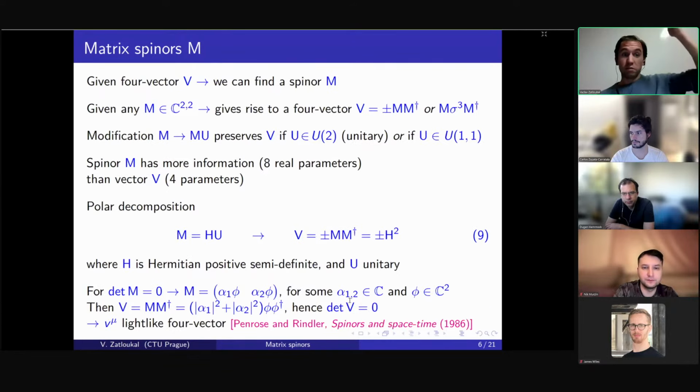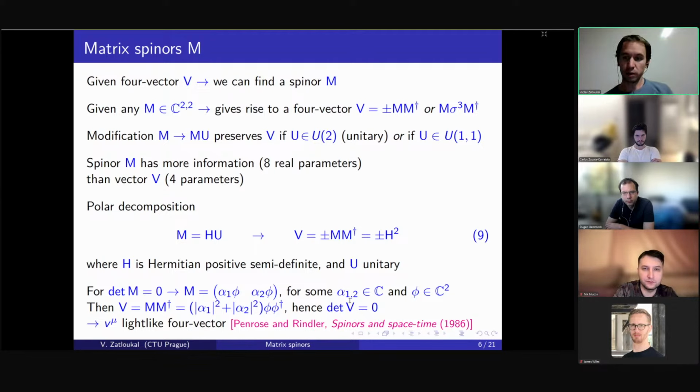Now, given any 4-vector, we can always find a spinor M for it. So we can always take the square root in the sense above. And in turn, given any 2x2 complex matrix, that gives rise to a 4-vector, or actually to several 4-vectors.